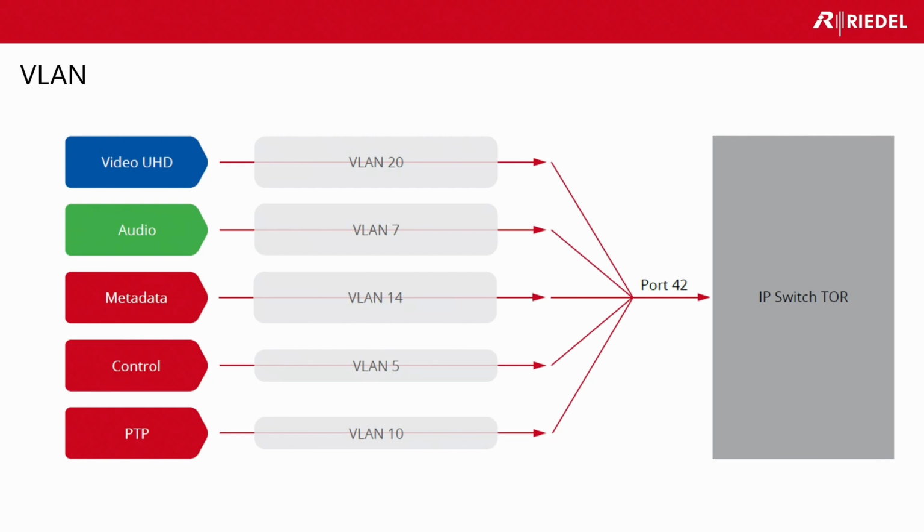It's for the switch and for when you start debugging, because unfortunately you may have to, or you will have to. It will be really easy to see the flows and the VLANs, and you can filter. And it also protects your PTP, because you can give it a better quality of service.